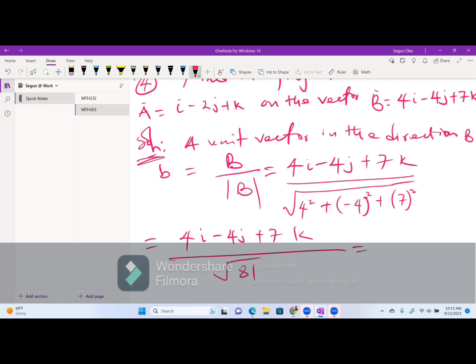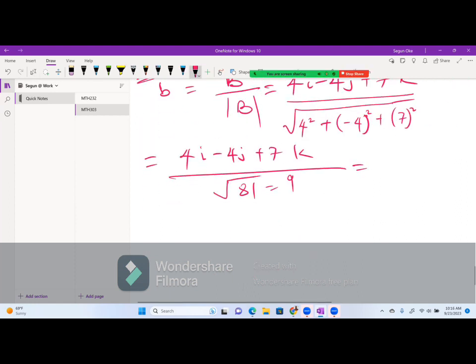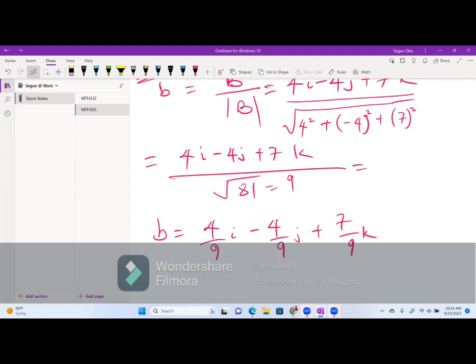So this equals 9, right? So our unit B will now equal 4 over 9 i minus 4 over 9 j plus 7 over 9 k. That's the meaning. So we have the unit vector.